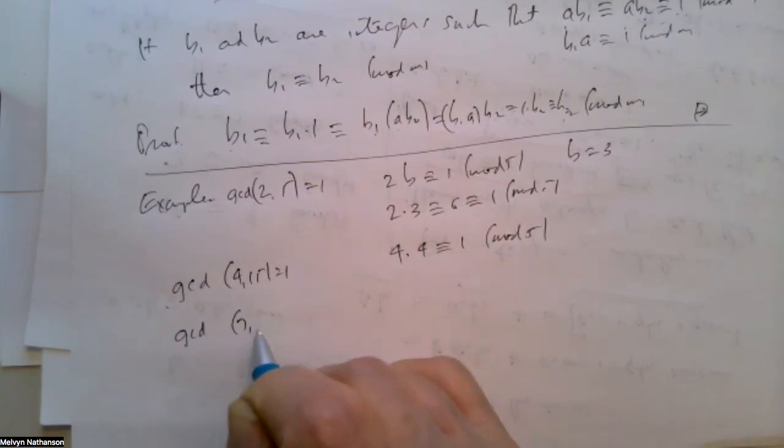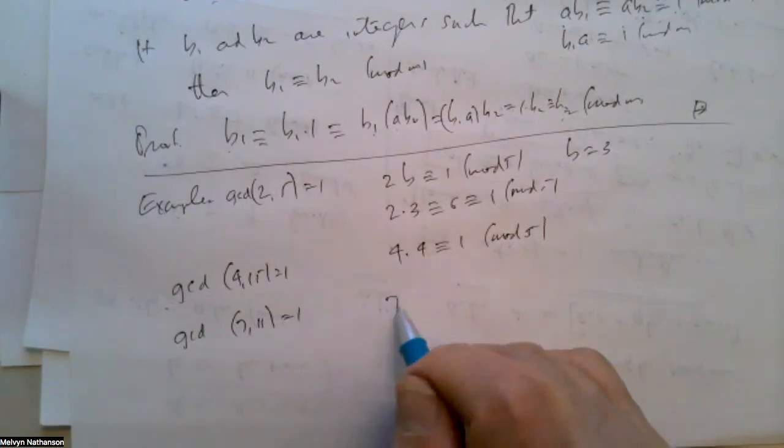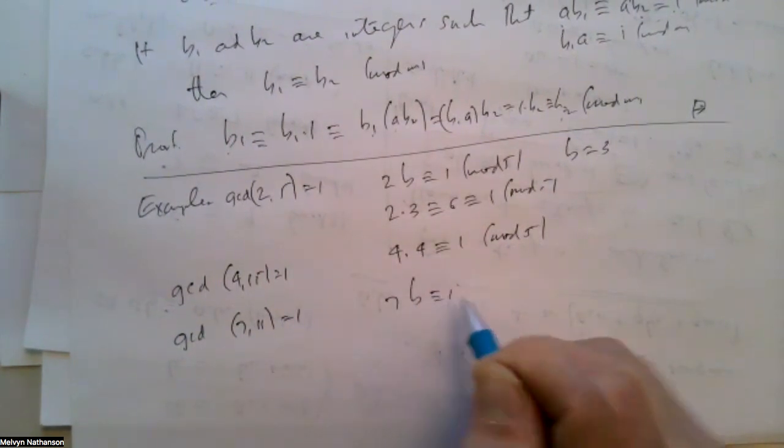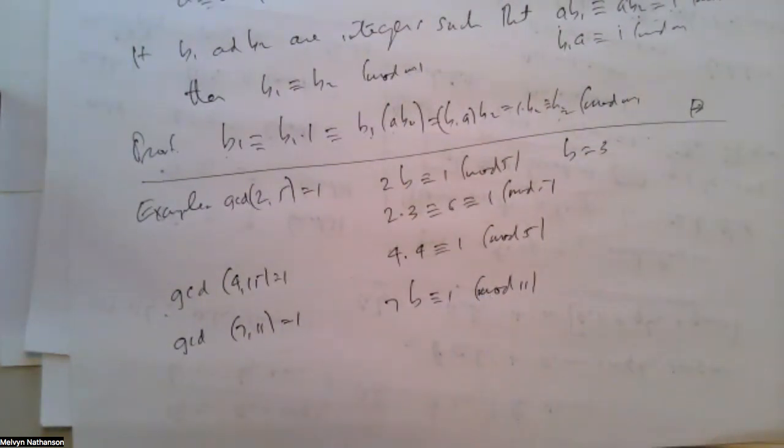The GCD of 7 and 11 is 1. So 7 times B congruent to 1 mod 11 has a solution. Let's see, what's the solution? Well, you can just start running through numbers until you find one.